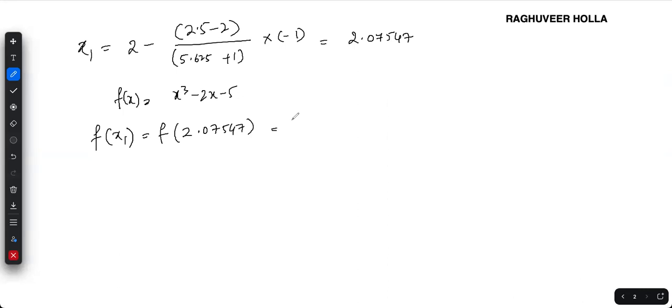While solving this, we get negative 0.210695, which is less than 0.